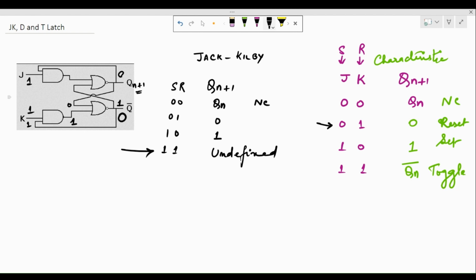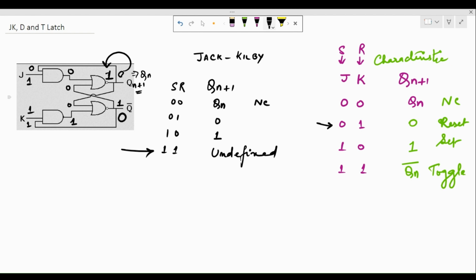And this 0 travels here, this 0 travels here, 0 and 1 for this AND gate, the output would become 0. So the input to this NOR gate is 0 0, which means the output will become 1. So it was 0, it has become 1. Qn plus 1 has become 1 when it was 0 as Qn. This means that the output gets toggled.